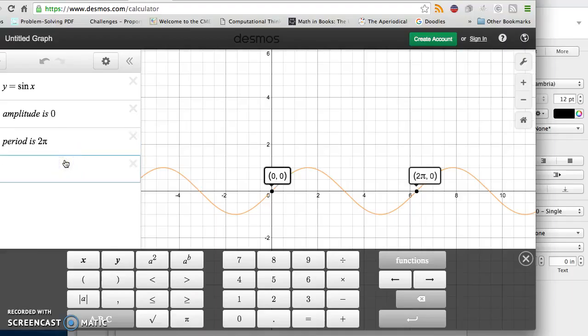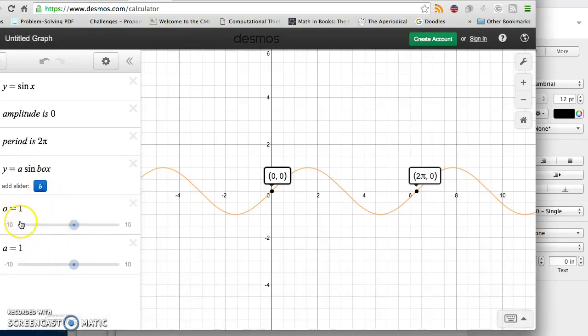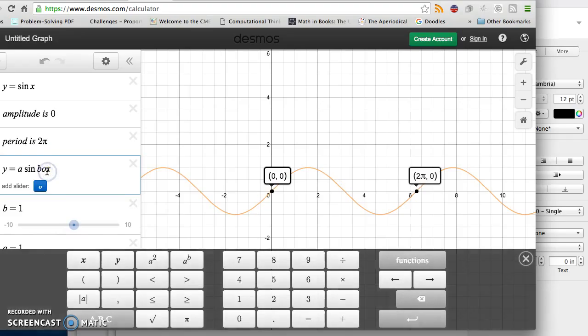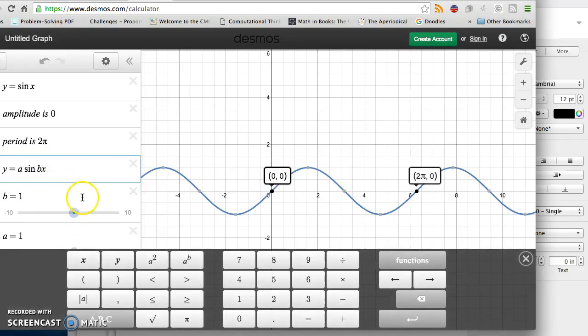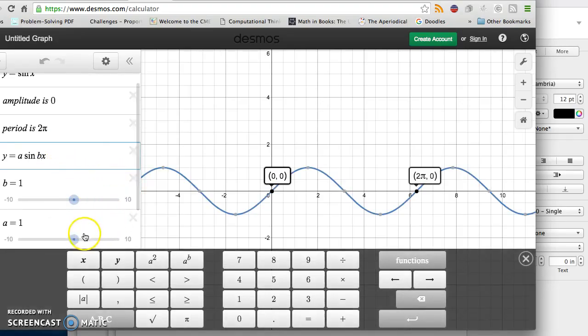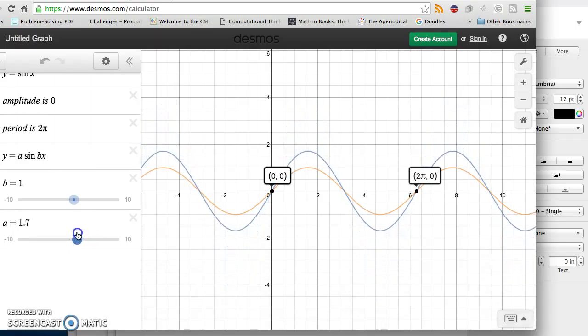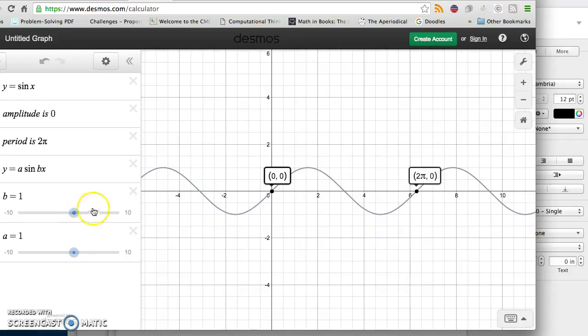But what about y equals a sine bx? Well, it depends on what a and b are. If they're both 1, we're doing the same thing. We talked about how a changes the amplitude, not the midline, not the period, but the amplitude. But what does b do?